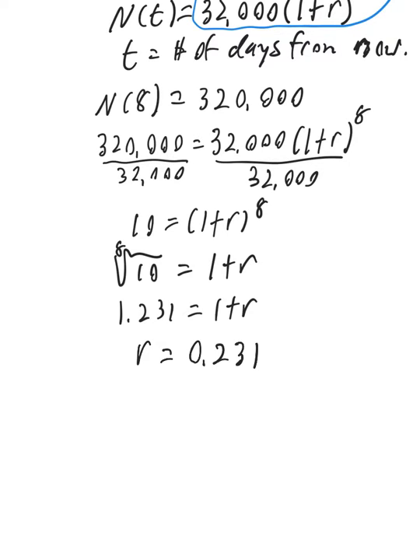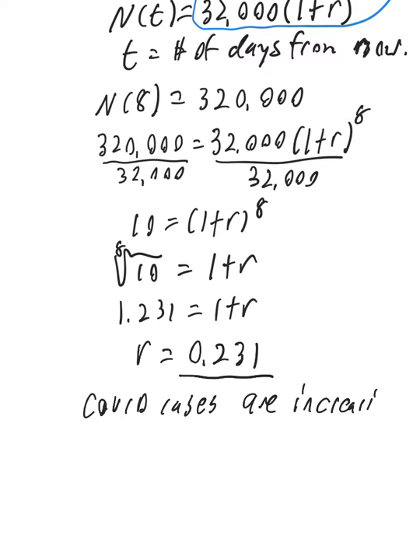What does that mean? If you think of that as a percent, COVID cases are increasing 23.1% per day because we were measuring time in days.